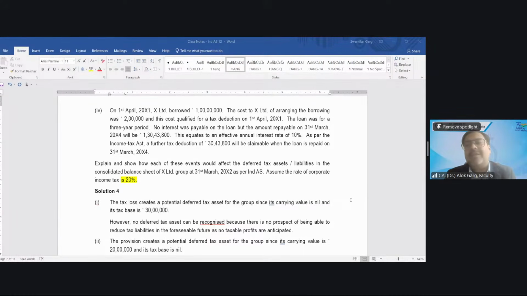And your EIR, effective interest rate, is 10%. So how much interest will you recognize in the first year in your accounting books? 9,80,000.